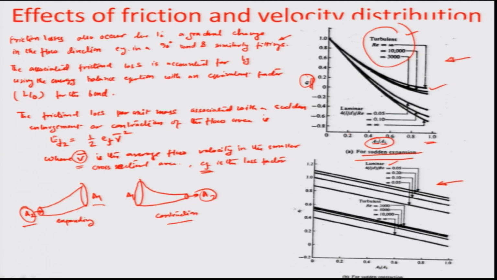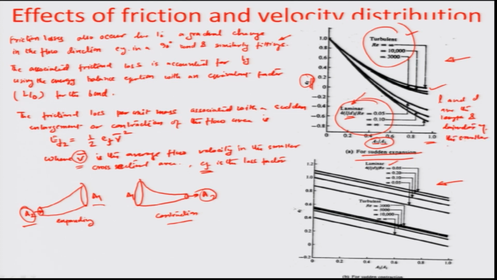The same thing happens for Reynolds numbers in the laminar zone. The L by D term coming here particularly for the laminar flow case, you have to remember, is the length and diameter of the smaller cross section.